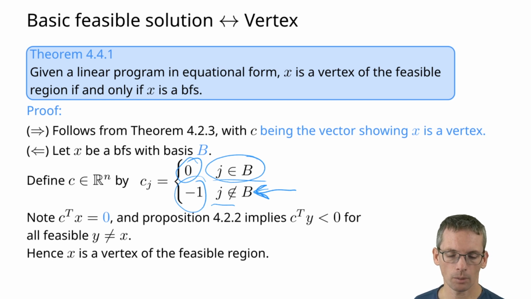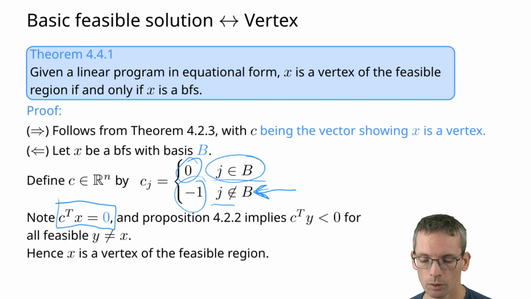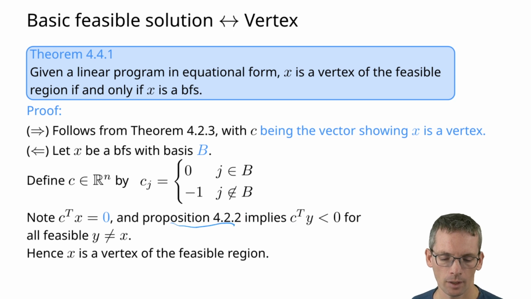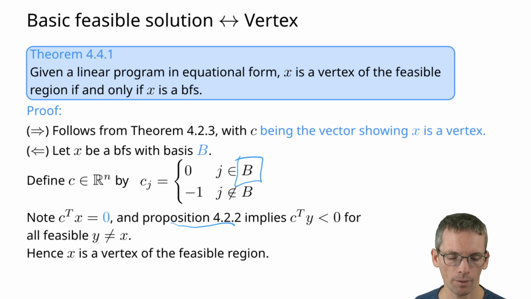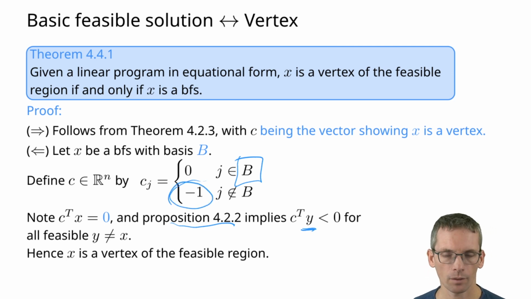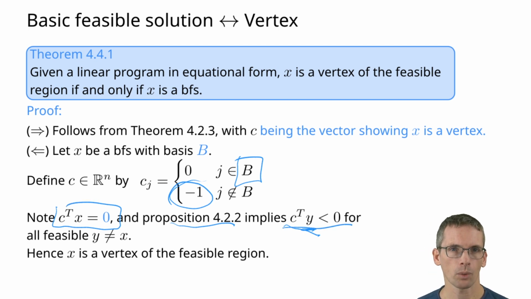But that doesn't matter, because then I would be multiplying with 0. So that means that for the basic feasible solution, I get that C transposed X is actually 0. And since the basic feasible solution is unique given the basis, any other solution will not be 0 on all of those, and therefore will have a smaller value, and therefore X is indeed a vertex of our polyhedron.